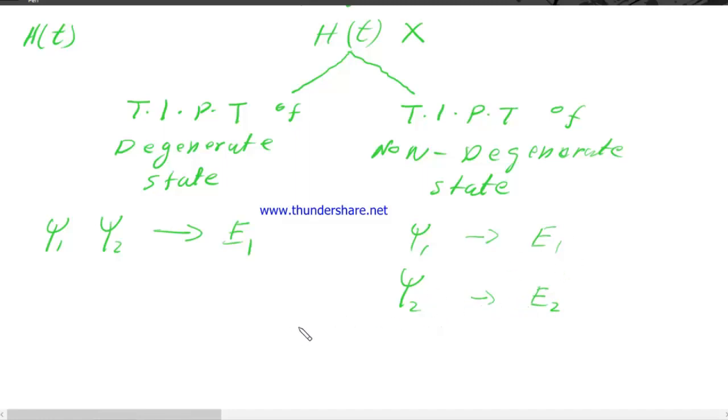This means that every energy value has a corresponding wave function. For example, E1 has a corresponding wave function psi1, and similarly for psi2.